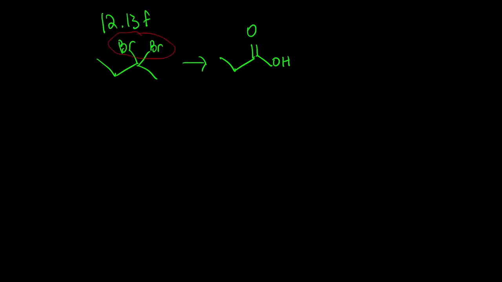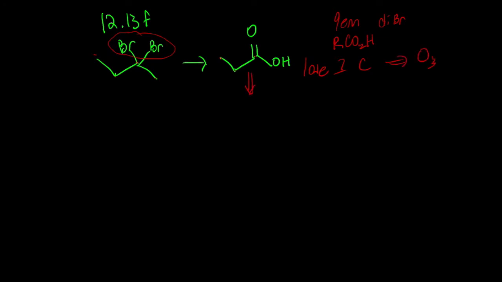We got geminal dibromide. We got a carboxylic acid. So, and count the carbons. 1, 2, 3, 4, 1, 2, 3. So we're losing 1. That tells me right away that it's going to be an ozonolysis.